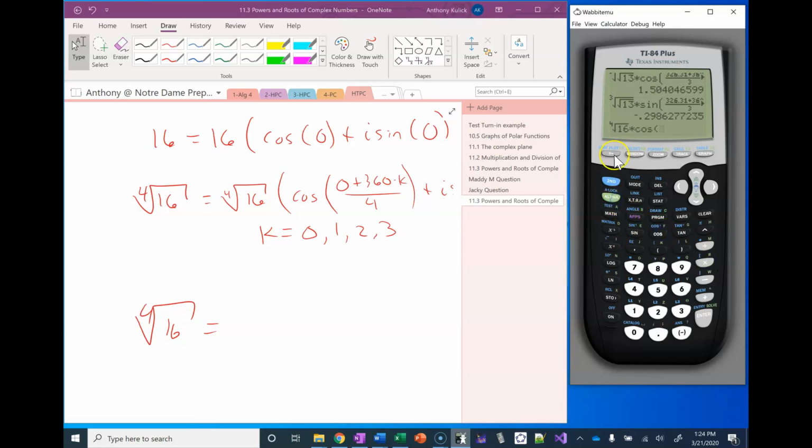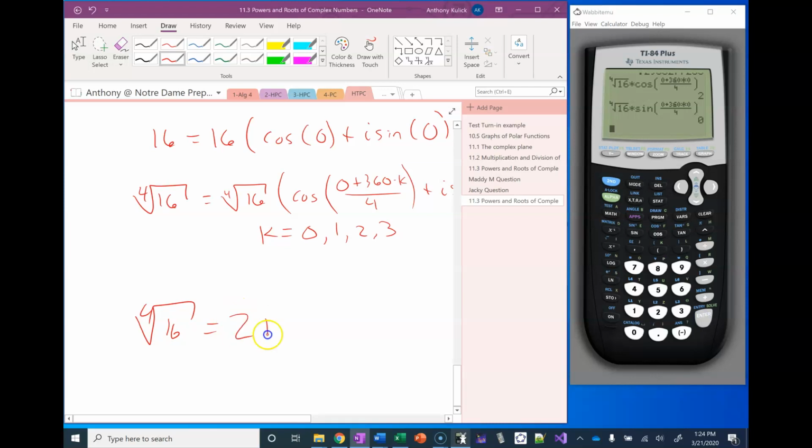If you didn't see that right away, you can always just ask your calculator to do it. And we'll set this up just like we did before. If I do that, I get 2. And then if I change this now to sine, I get 0. So this is equal to 2 plus 0i, or just 2.